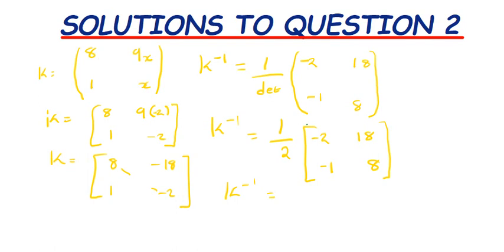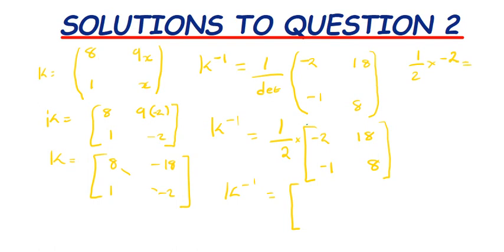So we already know that 1 over 2 is multiplied by what? By every element in this matrix. So you are going to say 1 over 2 multiplied by this. You can even do it on the other side. You can even say 1 over 2 multiplied by negative 2.